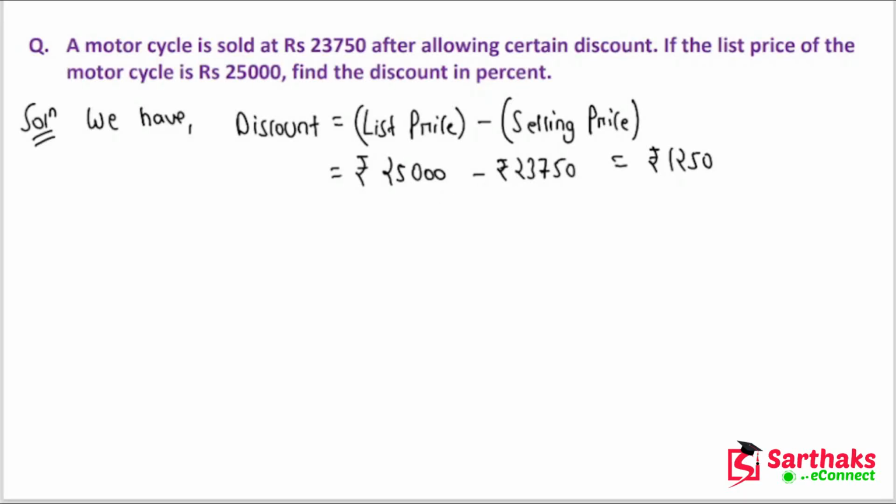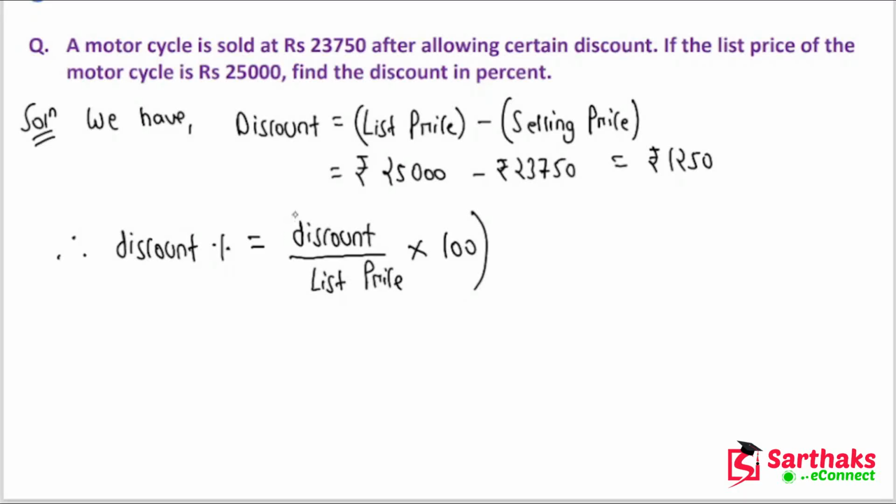Now you should remember at this moment that discount percent is always calculated on what? Marked price, that is this list price. So direct use of the formula will give us the discount percent. Let me write the formula for your reference. Discount percent is discount upon marked price, and you can write list price also over here, discount upon list price into 100%.